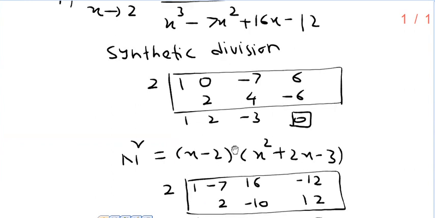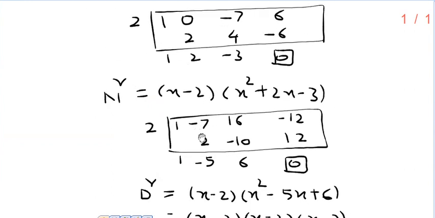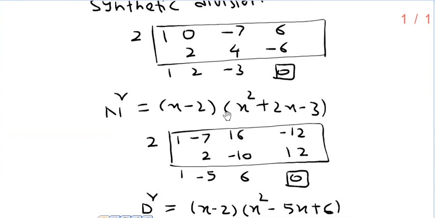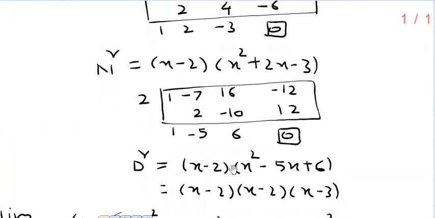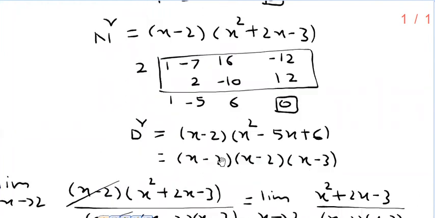What about the denominator? Before that, what are the factors then? x minus 2, x square plus 2x minus 3. Synthetic division for the denominator gives the other factor, x square minus 5x plus 6. But note that this can be factorized as x minus 2, x minus 3. So this is the denominator.